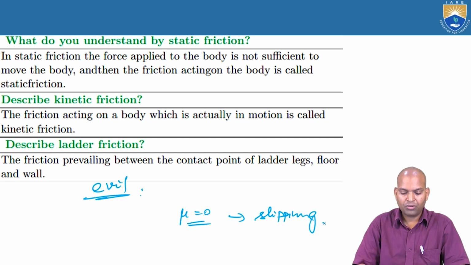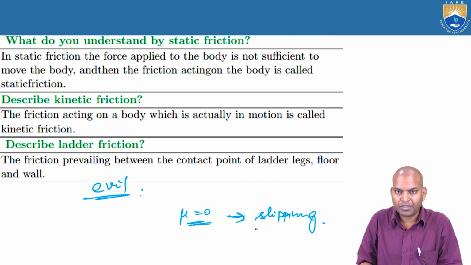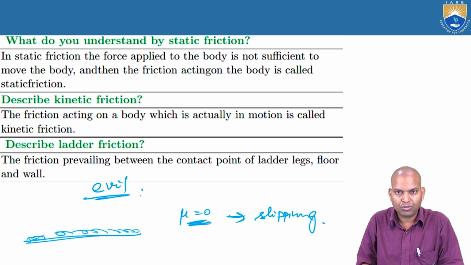Slipping takes place when friction becomes zero. When you pour oil on the floor, the friction tends to become closer to zero. There is slipping, and no positive motion.